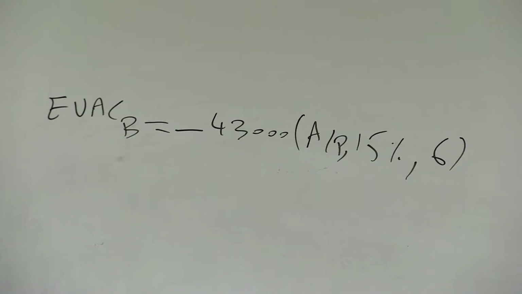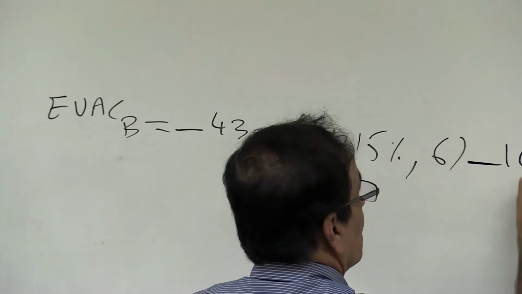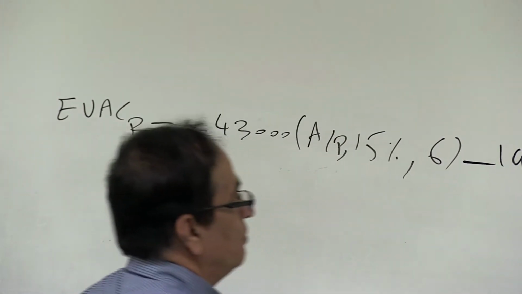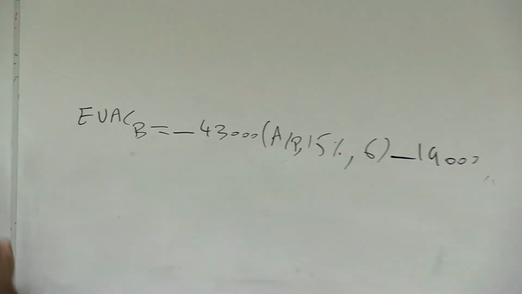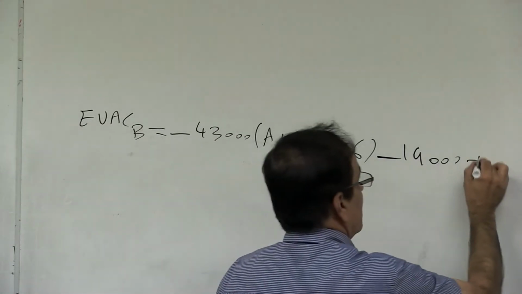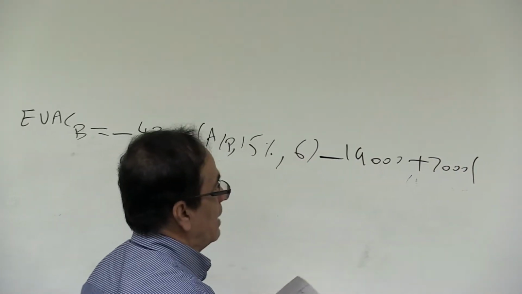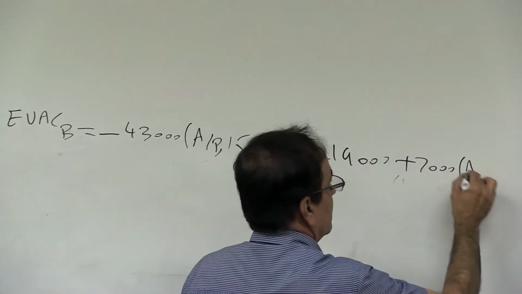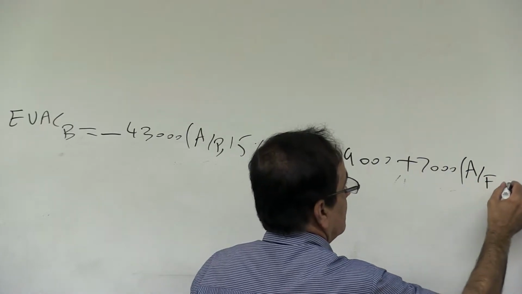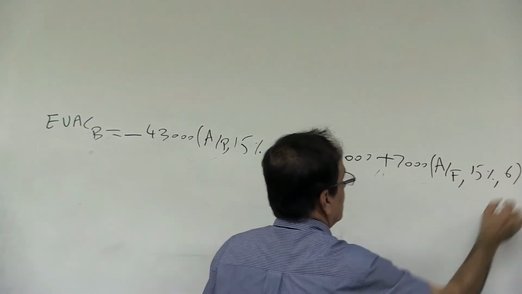The $19,000 is uniform, so you don't touch it. Anything that is uniform, leave it uniform. Then the last one is the salvage value, 7,000 positive, that's income. Because it's a future value, you multiply it by A given F at 15% and 6 periods.